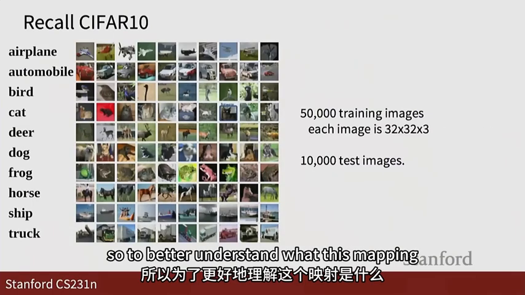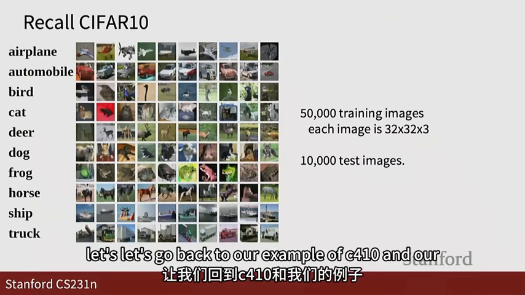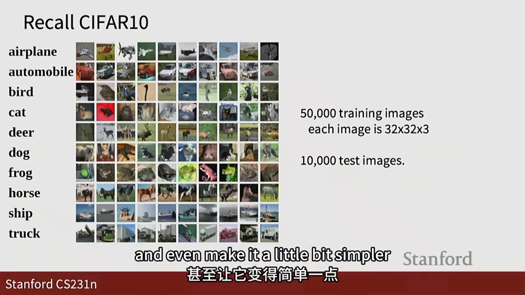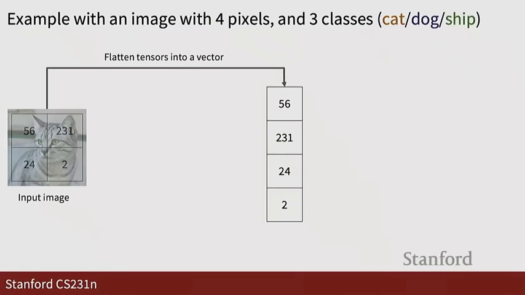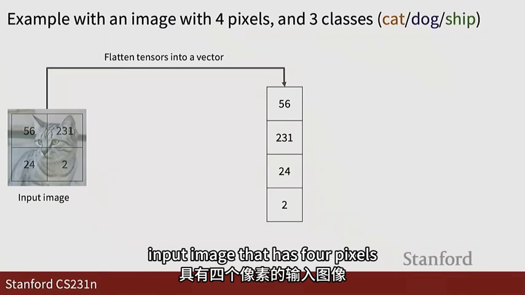So to better understand what this mapping and this function is doing, let's go back to our example of CIFAR-10 and our training and testing samples, and even make it a little bit simpler. Instead of looking at large images of 32 by 32, let's look at images of 2 by 2, an input image that has 4 pixels.